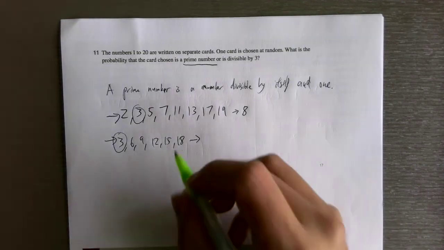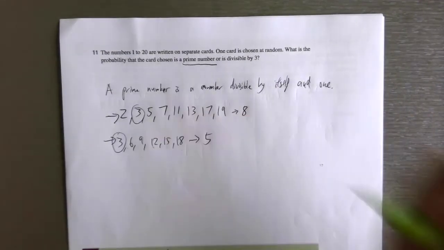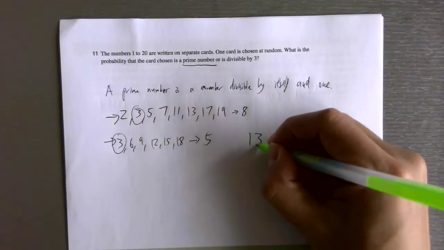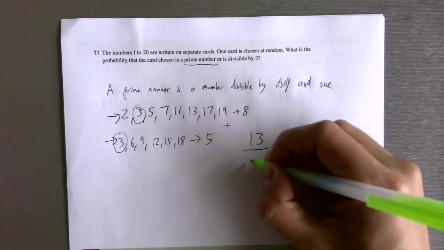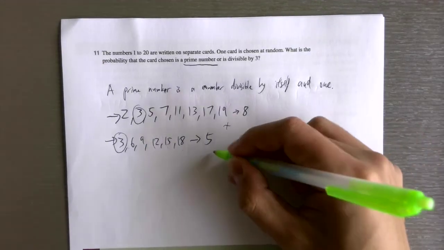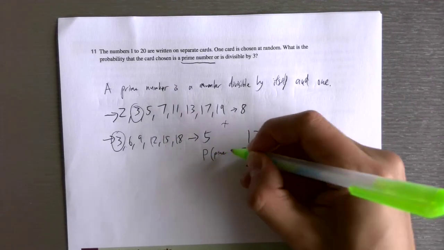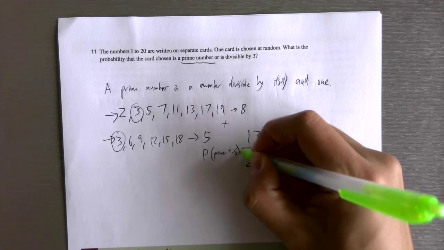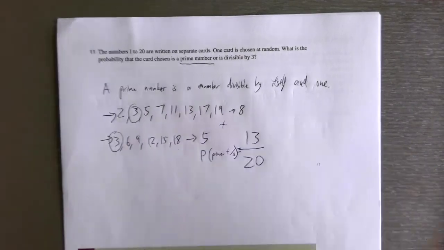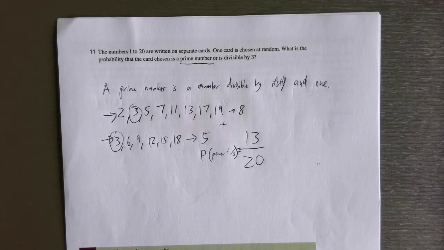And so 1, 2, 3, 4, 5. There are 5 numbers here. So 8 plus 5 is 13 out of 20. And so that's the probability of a prime or divisible by 3. And that's how we solve these problems.